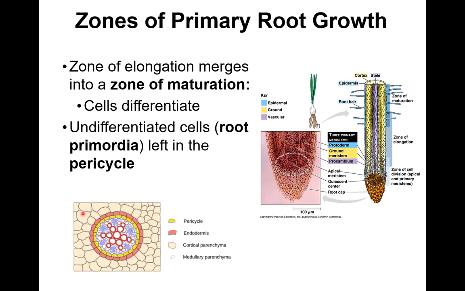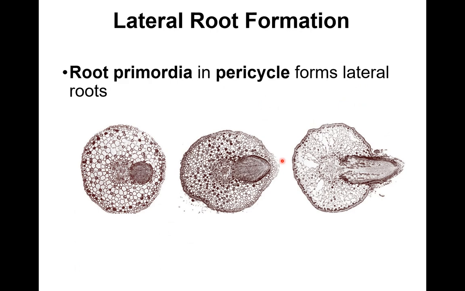And these will be the ground tissue formed by the ground meristem, corresponding to the cortex. So by doing that, the apical meristem has caused primary root growth, pushing the root deeper into the ground and forming all the tissues necessary there.